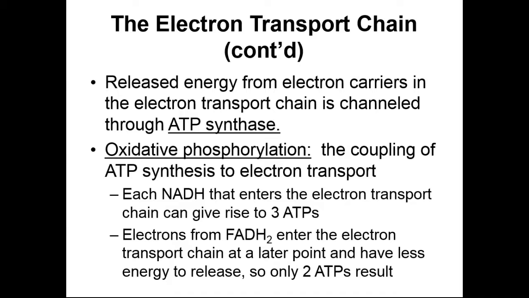It's oxidative in nature because we are removing electrons during this process. We remove electrons from NADH and FADH2, and the removal of electrons from these molecules is used to phosphorylate ADP into ATP. Each NADH can give rise to up to 3 ATPs. Each FADH2 can give rise to up to 2 ATPs from the electron transport chain.